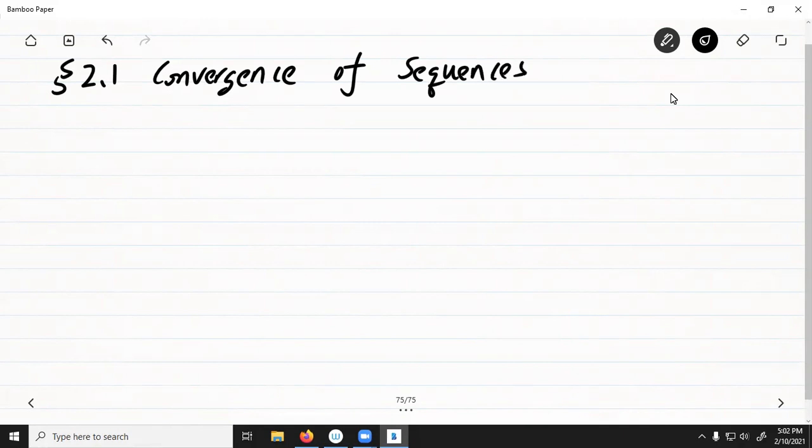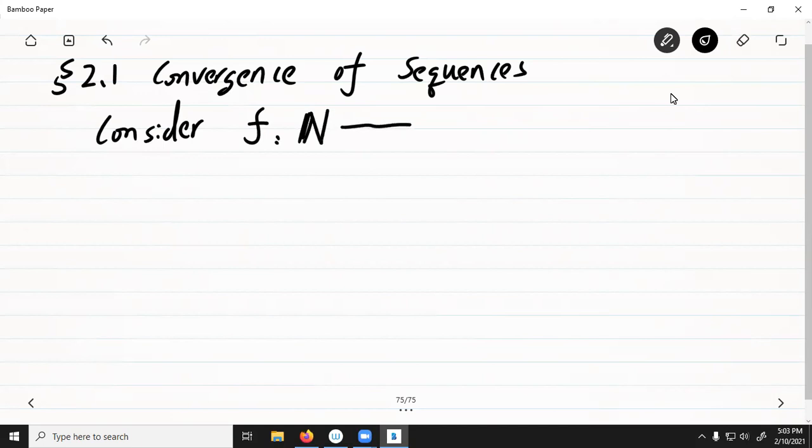Okay. So now let's consider a function. The first thing we want to define is a sequence. What is a sequence? We consider a function f. The domain of this function is the natural number set.